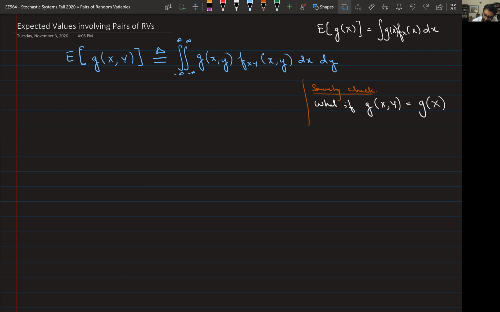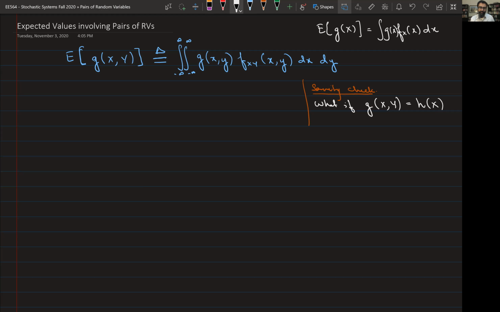So let's not use g of x; let's say h of x. If you think about it, h of x is a two-dimensional function. You can generalize it to say this is a two-dimensional function. It's just that it does not change for any values of y, but you can have y as an input and say that there is actually no dependency on y, right?